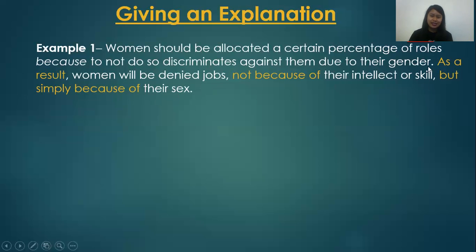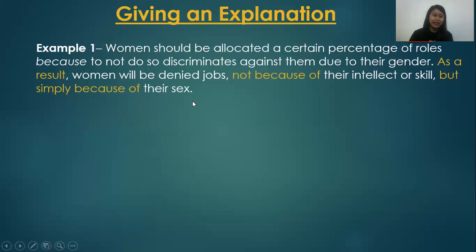This sentence gives the result of our idea. So what happens if women are discriminated? So they are denied jobs. And that's not because of their skill. It's not because of their intellect, but just because of their gender, of their sex.